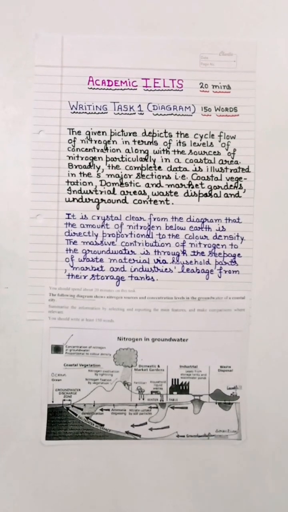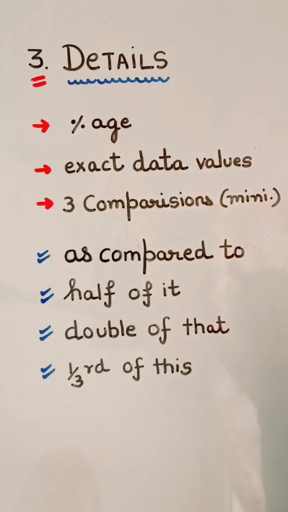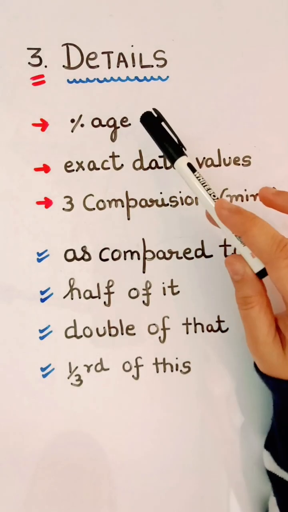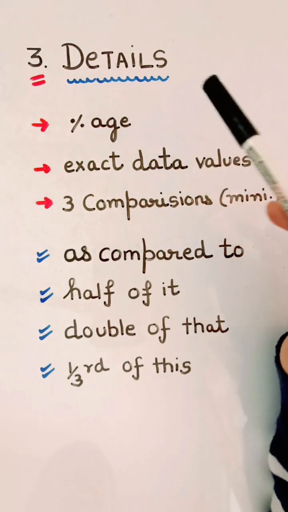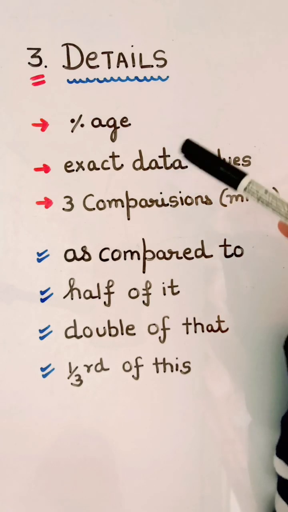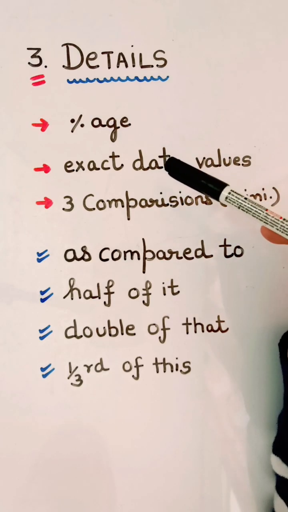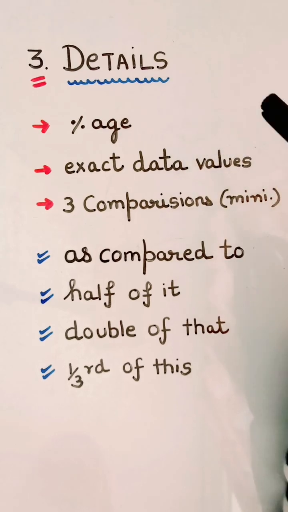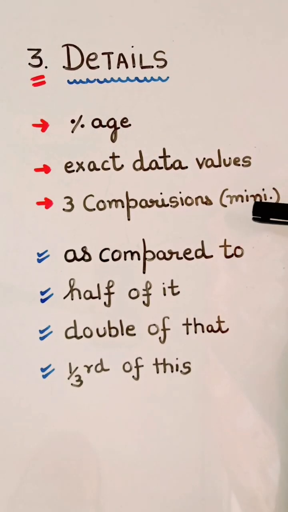Now the next one. The third paragraph is of details and it has got the maximum weightage. So write very carefully because the number of words will be written maximum in this paragraph.